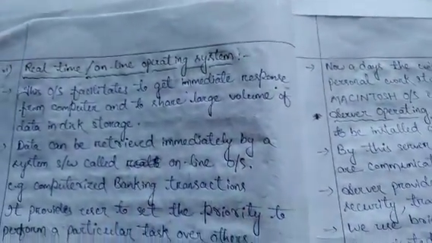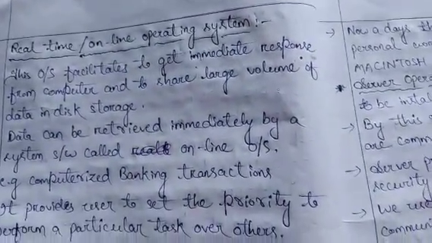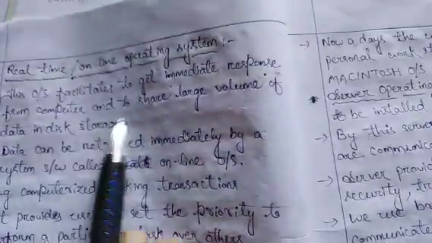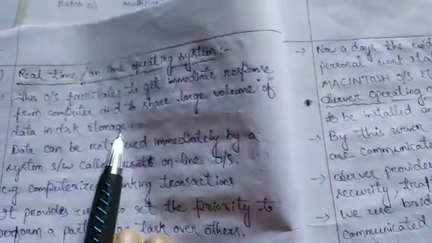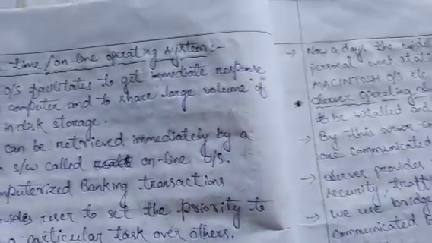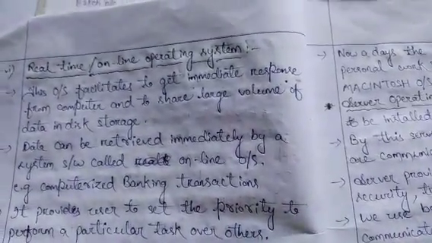That is real time. It provides an immediate response from the computer, and shares a large volume of data in disk storage. Whatever the computer stores will be responded to and executed immediately.